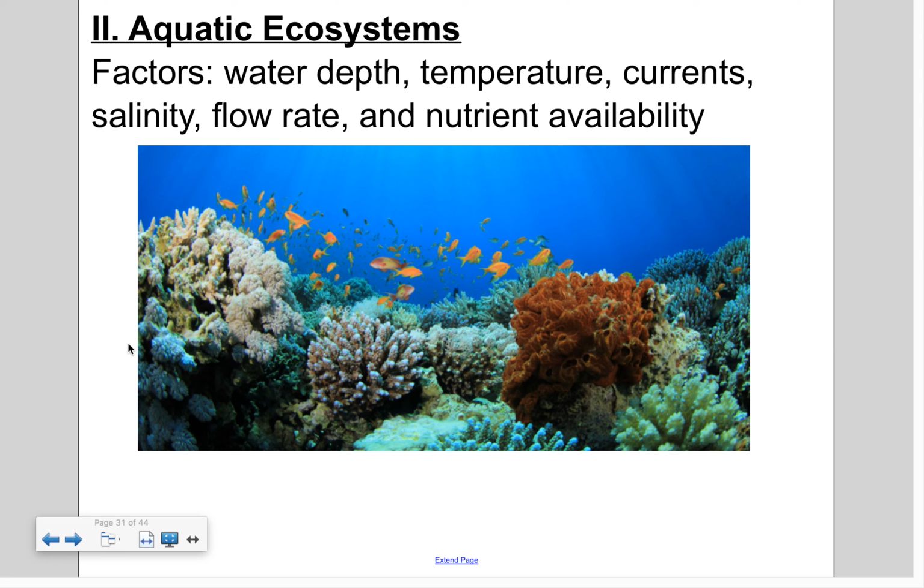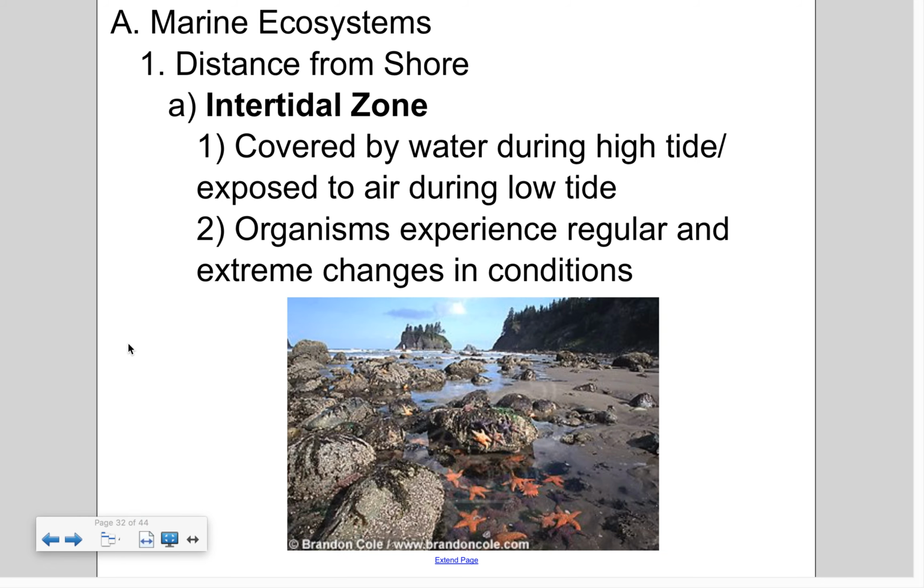Is there a good food source? Let's also talk about oxygen levels. Right now off the coast of Louisiana, where the Mississippi flows into the Gulf of Mexico, there are some parts that do not have a lot of oxygen due to maybe some type of algae bloom. So all of those factors affect it.